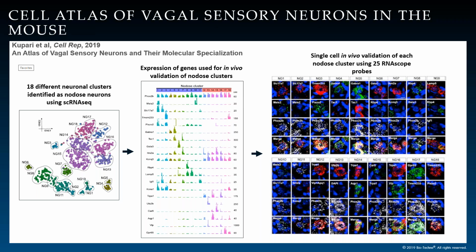They utilized single-cell RNA sequencing analysis to identify different subpopulations of vagal sensory neurons, and then designed probes against markers specific for these subpopulations because they wanted to validate and visualize these subpopulations using RNAscope. So they ended up using 25 different RNAscope probes to visualize these subpopulations in situ.